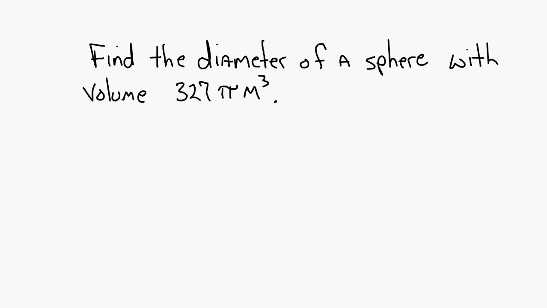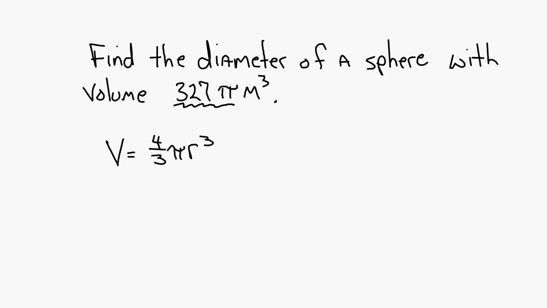So again, you're going to have to use that volume to find a radius, aren't you? So what is the volume of a sphere equal to? 4/3 times pi r cubed. That's it. And they're telling you the volume is 327 pi.